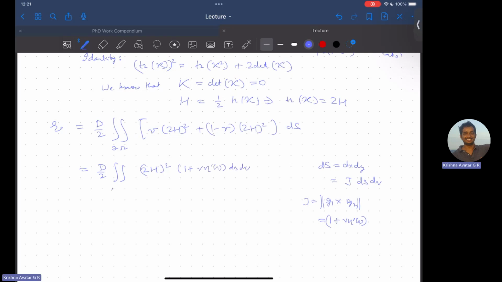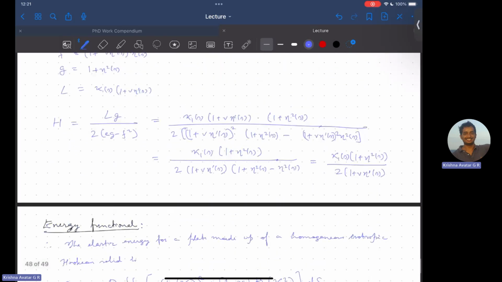And now the limits. So s is equal to 0 to s is equal to l, and v is equal to minus a by 2 to v is equal to a by 2. This comes out to be D by 2, integral s equal to 0 to l, v equal to minus a by 2 to a by 2, and then 2h is given as, right? So we had, this implies that h is equal to this thing here.